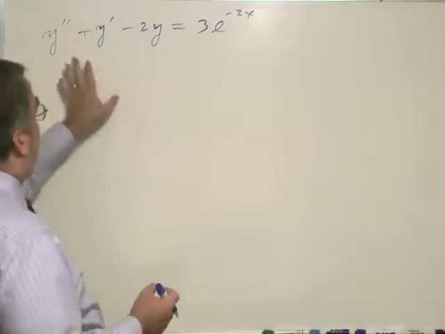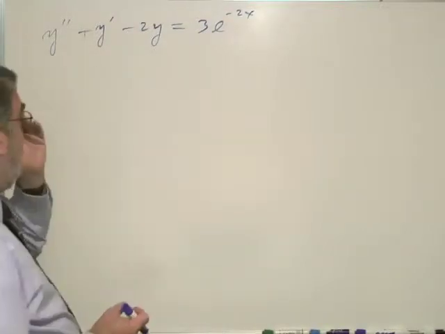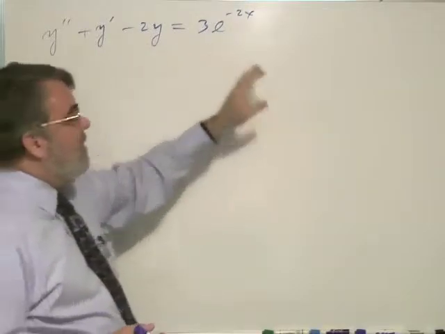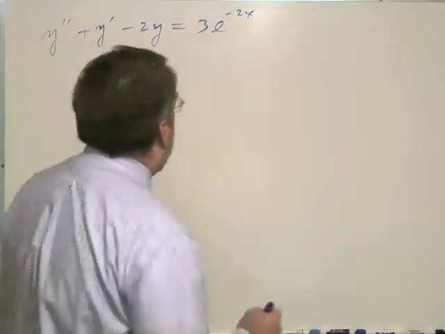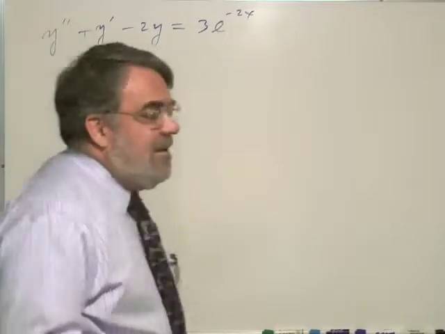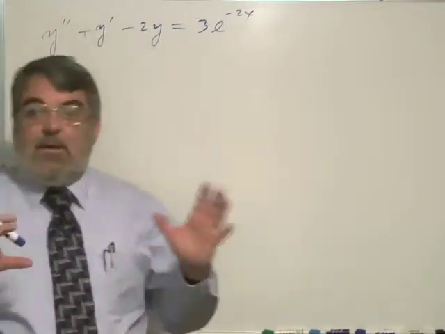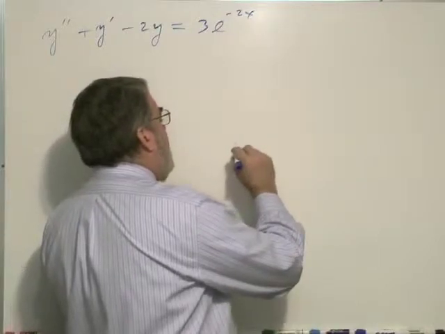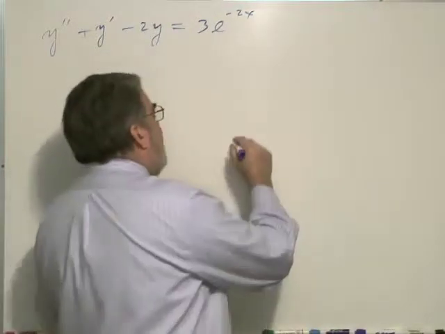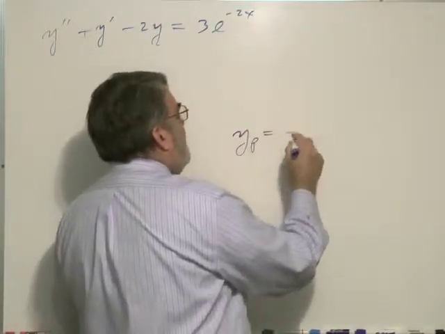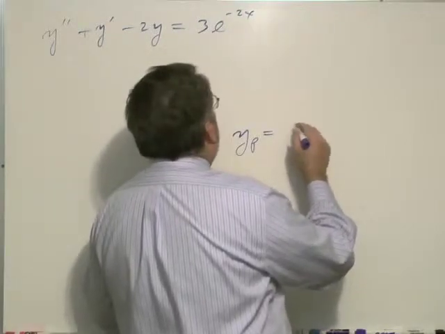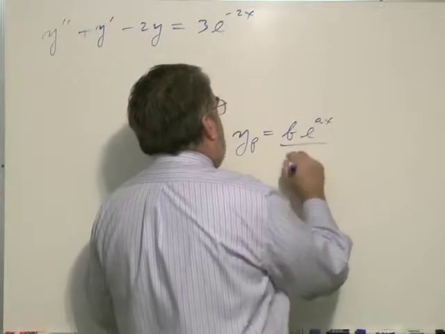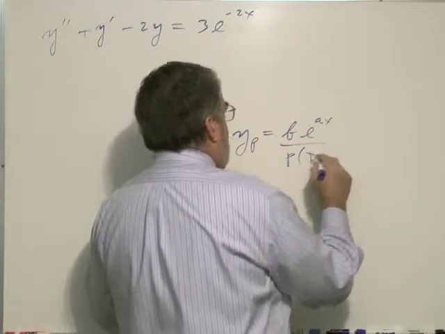This is number 26 on page 282, and it reads y double prime plus y prime minus 2y equals 3e to the negative 2x. Now, it looks like it's a case we did earlier, where we did this exponential shift theorem. Y particular was equal to, I'm trying to do this from memory, I think it was b e to the ax over p of a.